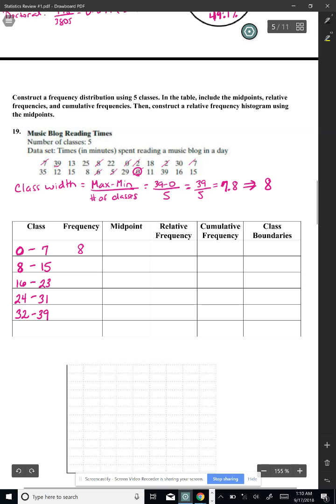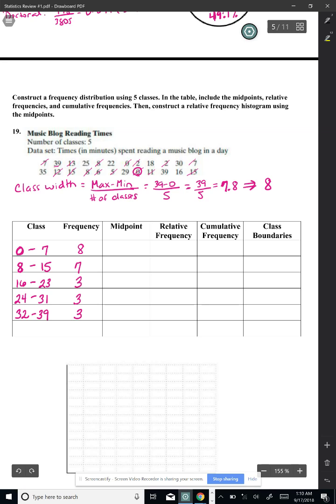So 1, 2, 3, 4, 5, 6, 7. So 7 of them fall between 8 and 15. And then just do the same thing for each of the next groups. So 16 to 23 would be 3. 24 to 31 would be 3. And 32 to 39 would be 3. And you can just do that by counting up here.